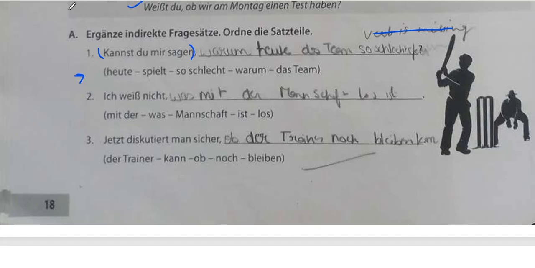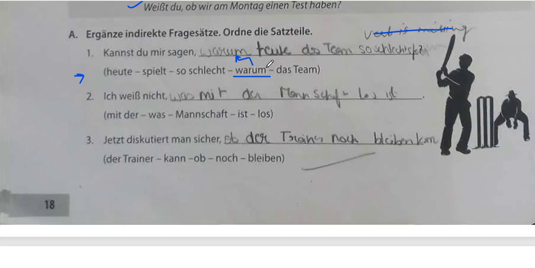I'm going to tell you a trick for how to arrange this. Kannst du mir sagen? After the comma, it'll either be ob or any W-Frage question word. In this list, only warum is a W-Frage question, so warum will be the word after the comma.